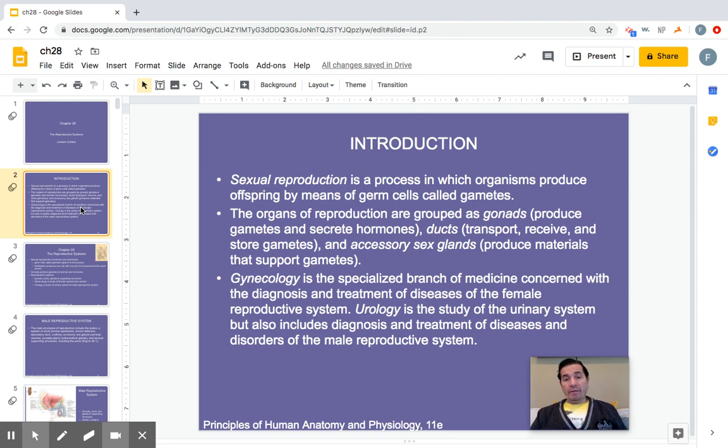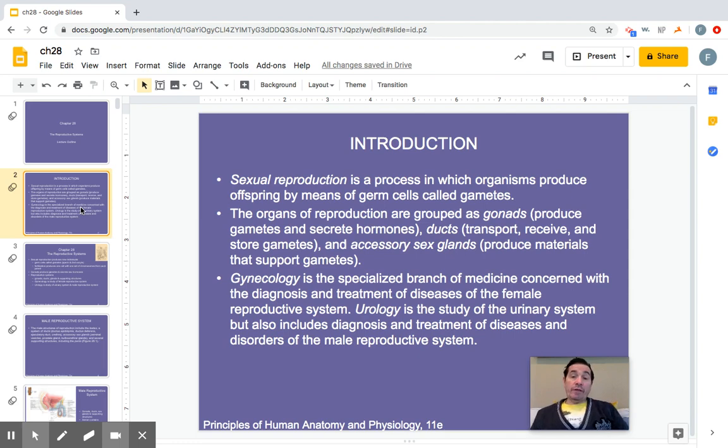systems, male and female. Now, one of the things that you might notice if you do have a problem is that they have different areas of expertise. If you have a problem with your urinary tract, you go to a specialist, and it could be a urologist.